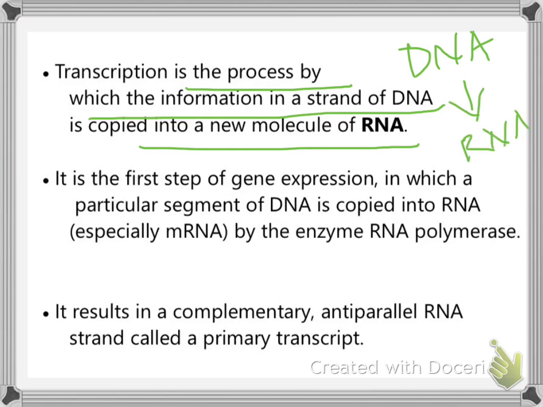This process is known as transcription, and it is the first step of gene expression, in which a particular segment of DNA is copied into RNA, and the enzyme used is RNA polymerase.